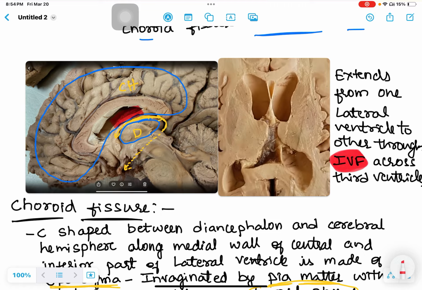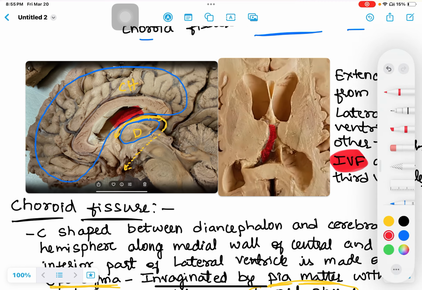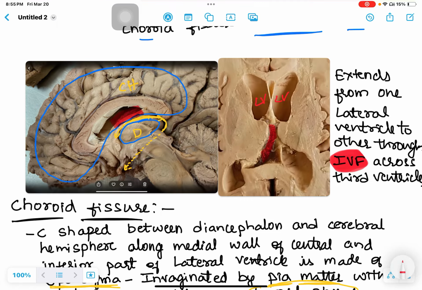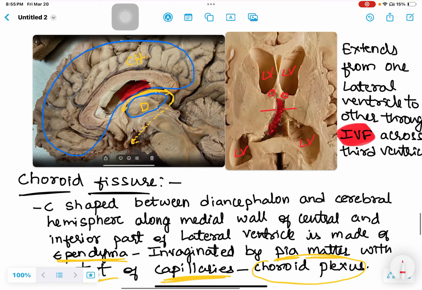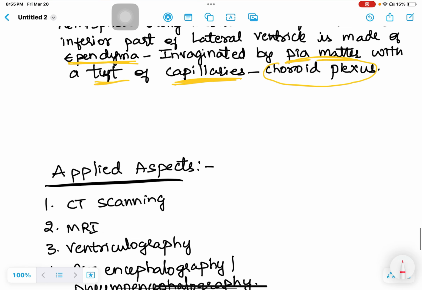This is the lateral ventricle on one side and the other side, this part is the third ventricle, and this is the interventricular foramen. So this is the choroid fissure lodged with choroid plexus.